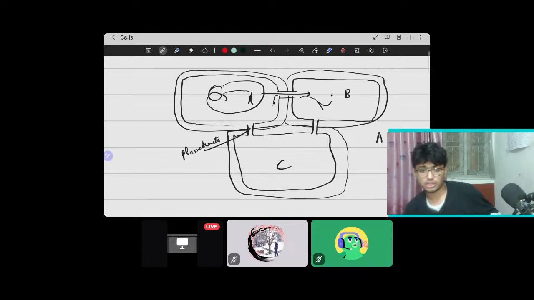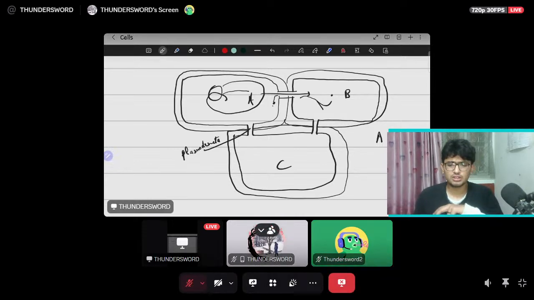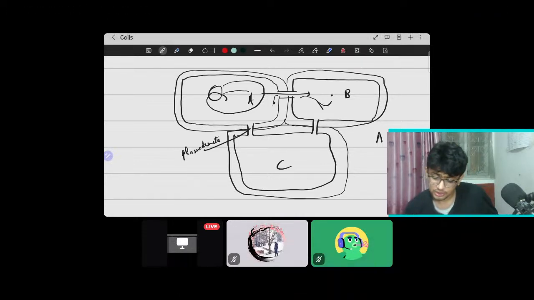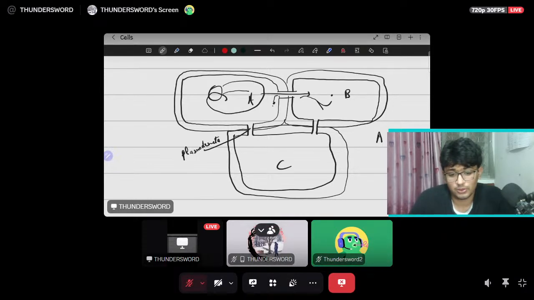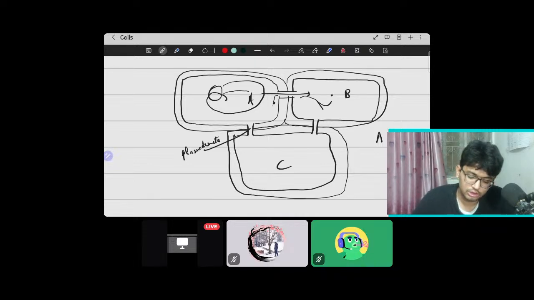So it's very easy for viruses to cross the plasmodesmata from one cell to another without crossing a membrane. So this is the thing. At some point it has very many advantages, but some disadvantages are also attached to it.